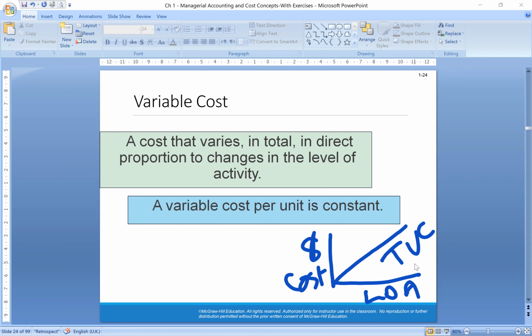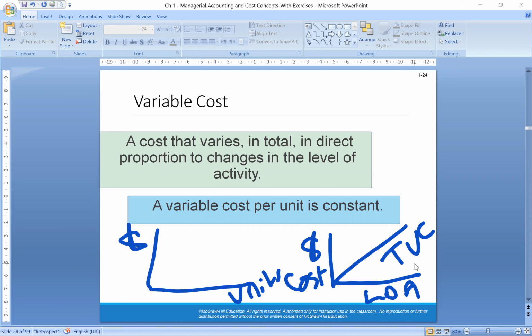But if we are talking about the variable cost per 1 unit, which is the other one, the x-axis is units or level of activities. The y-axis is always cost, and the variable cost per 1 unit is what? If we think about the table again, suppose that we need $5 for the wood if we produce the first table, okay? If we produce the second table, then how much do we need to pay for the wood?